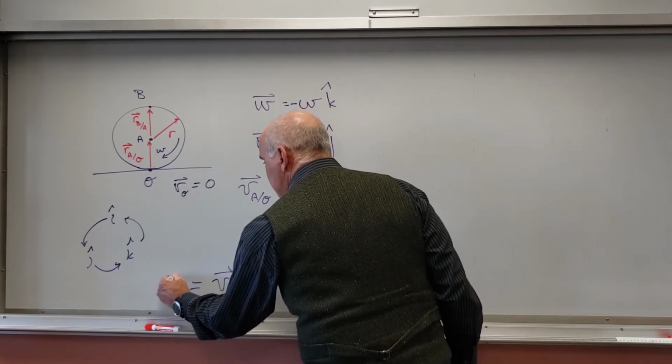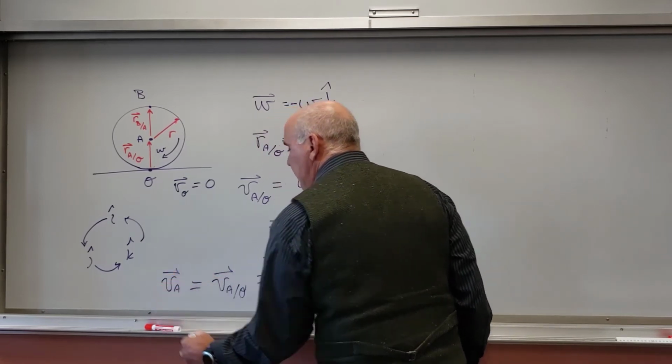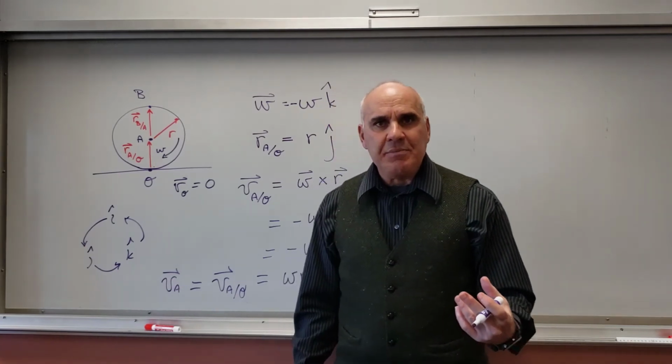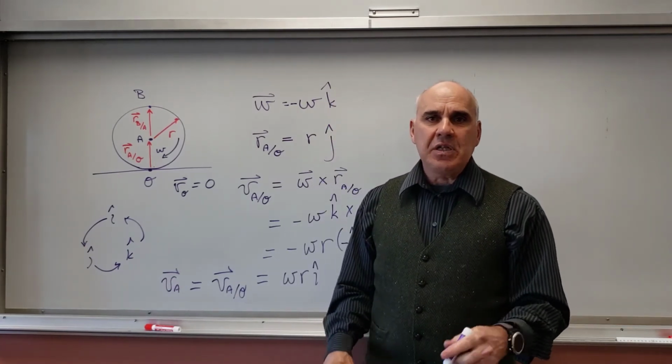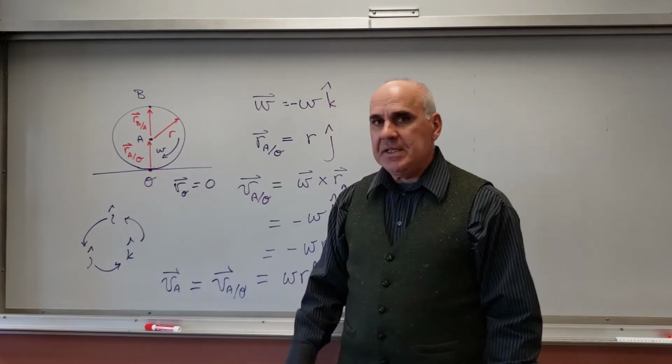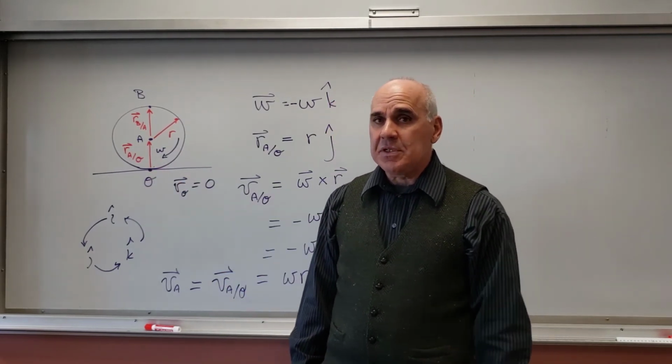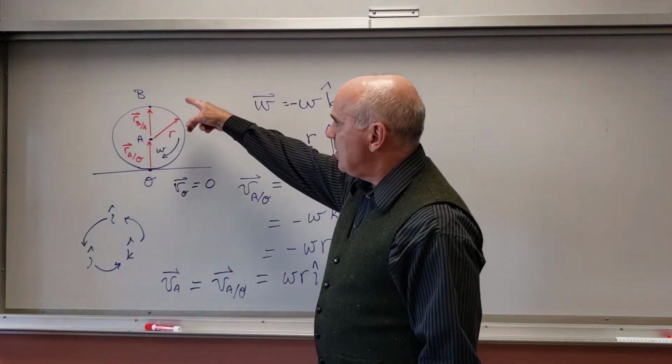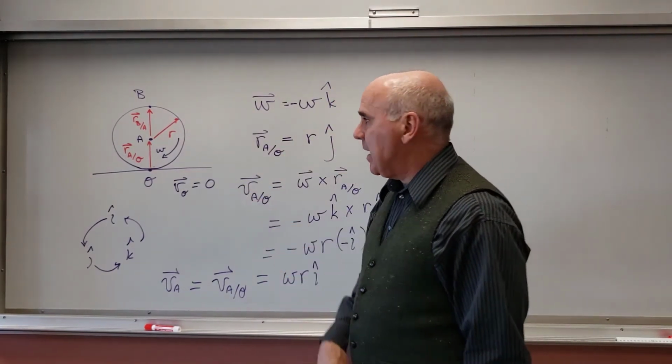A lot of books will just call this the velocity of A. And if I don't have a subscript, it's understood that that's the velocity with respect to some fixed origin, which in this case, again, is the ground, or the contact with the ground. All right, so what's the velocity of B then with respect to O?